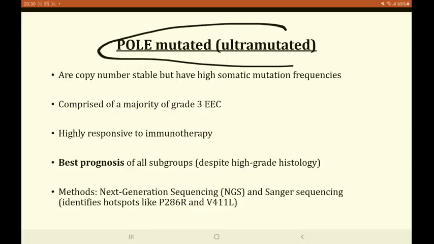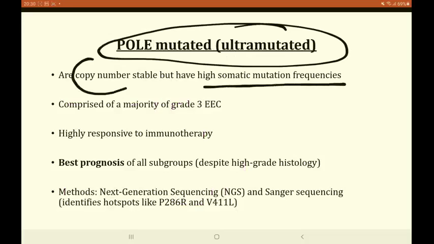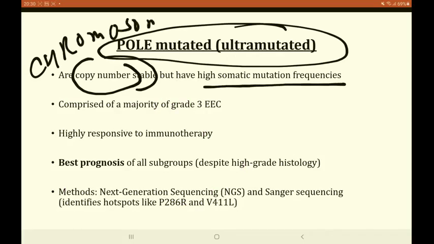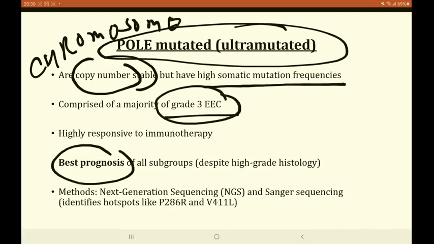The POLE mutated or ultra-mutated group has high somatic mutation frequencies. However, the copy number is stable, that is, the chromosome number is not altered. Although this group comprises mainly grade 3 endometrial carcinoma, it has the best prognosis because it is highly responsive to immunotherapy and has a lot of immunogenic potential.